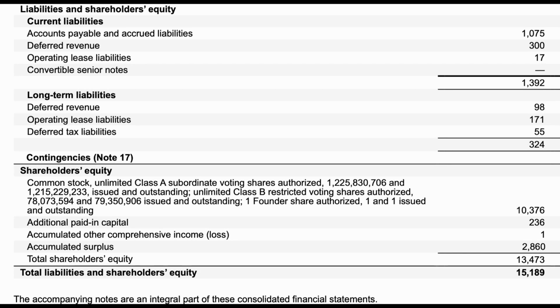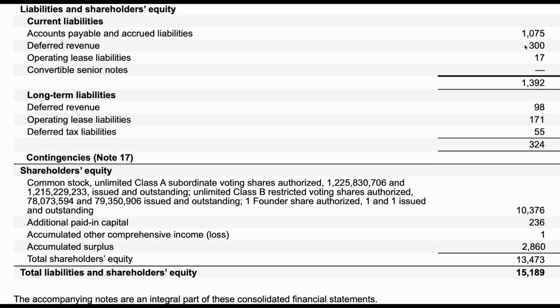Next, let's take a look at the liability side. So we see that they have about $1 billion in accounts payable. There's some deferred revenue. This is what we were talking about with respect to them recognizing their revenue according to the period that relates to the service.